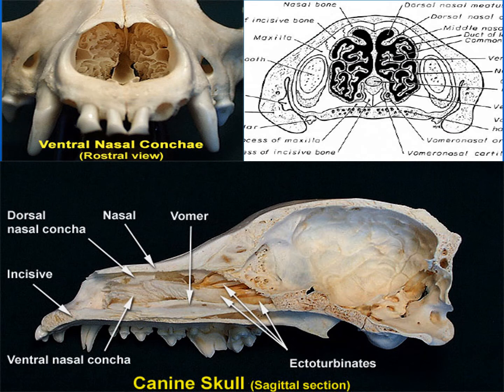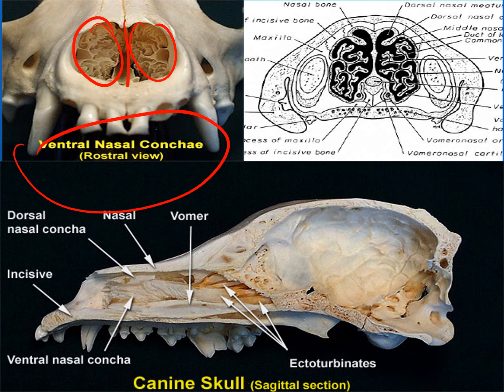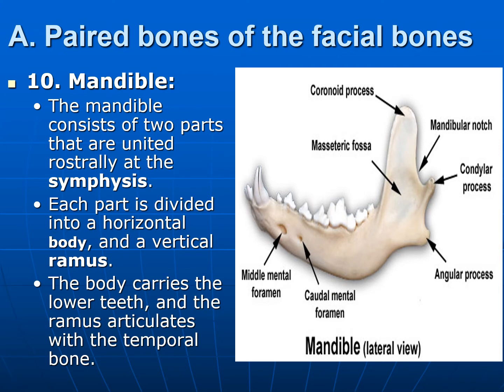So again, this is the area of the nasal septum. All the structure we can see here is the ventral nasal concha. Again, we have the dorsal and the ventral, and in this area usually we have the nasal septum, which divides the right and left nasal cavities.